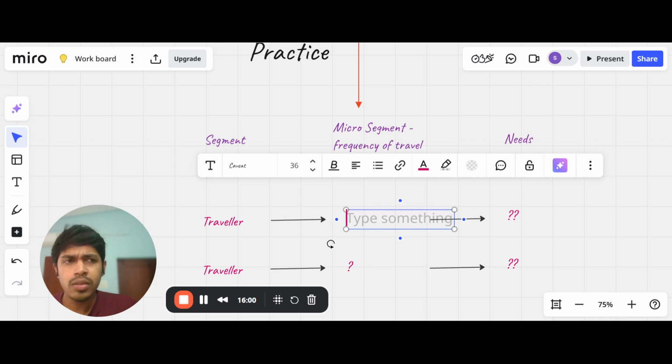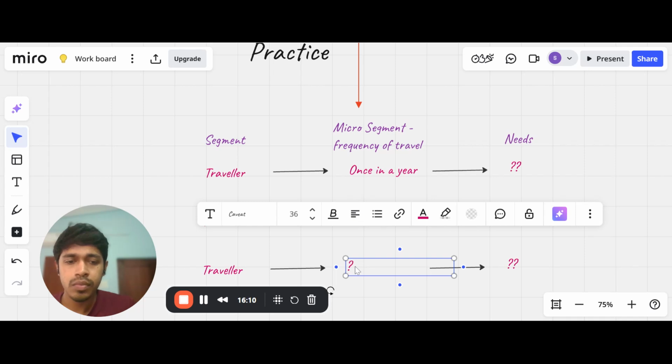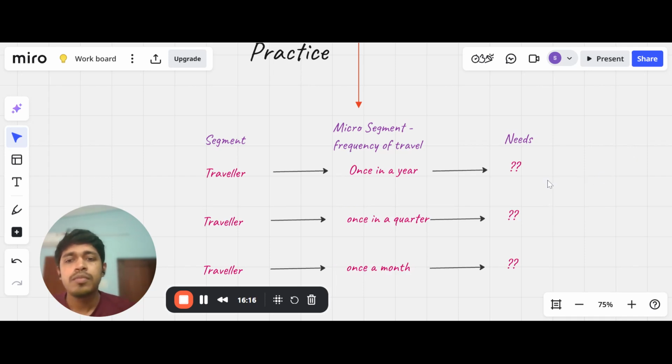Once in a quarter, or once in 6 months, is another kind of user probably. Once in a quarter, let's keep it like that. Once a month. So this is someone who is probably looking for very high budget travel.